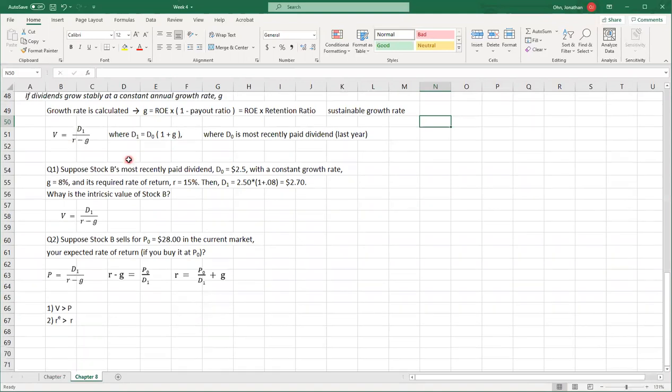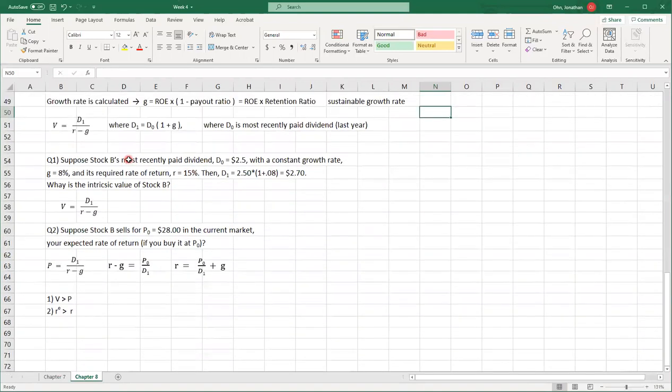Okay. So let's do this. Suppose stock B's most recently paid dividend is $2.50 with a constant growth rate, the growth rate is 8%, and its required rate of return is 15%. Then what is its intrinsic value?